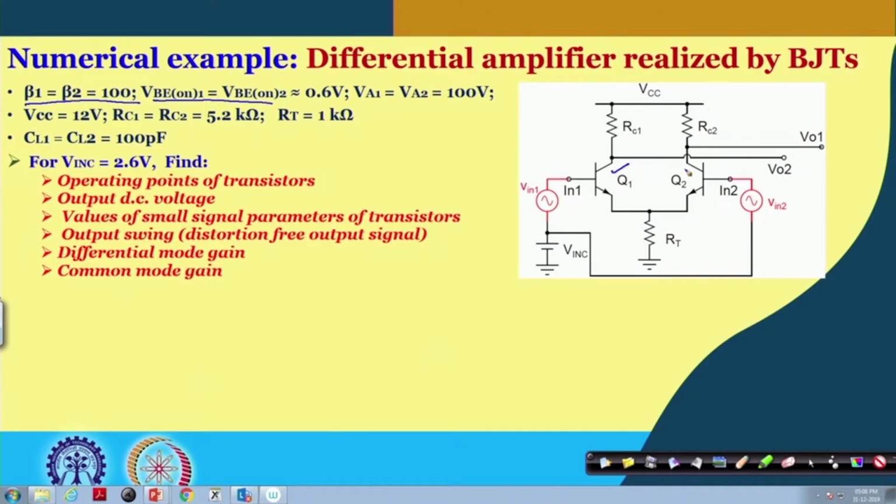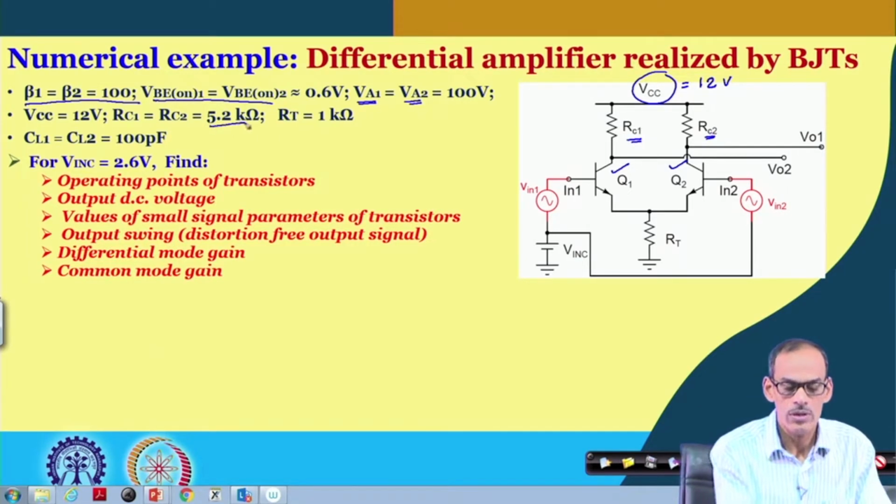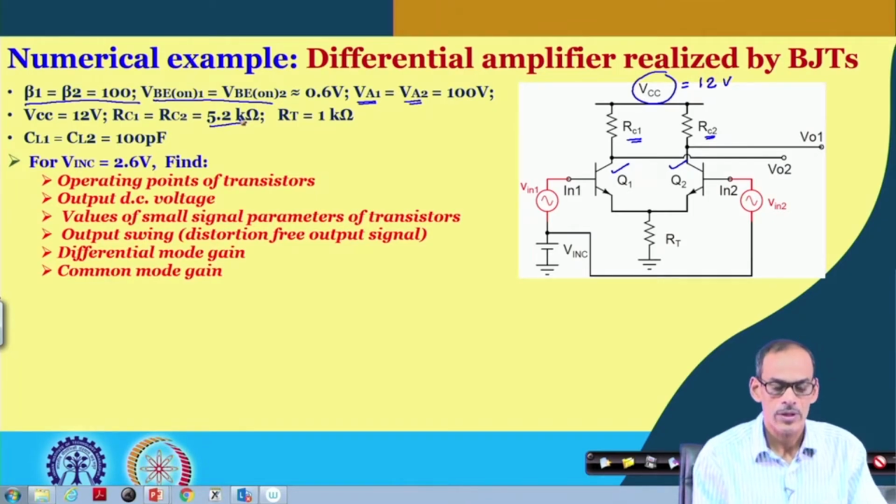We are considering Q1 and Q2 identical, with early voltage of 100 volt, and supply voltage equal to 12 volt. The loads RC1 and RC2 are equal, at 5.2 kilo ohm, and the tail resistor is 1 kilo ohm.